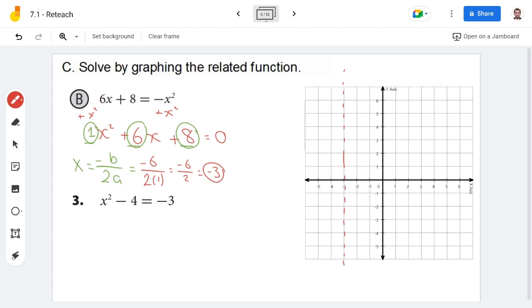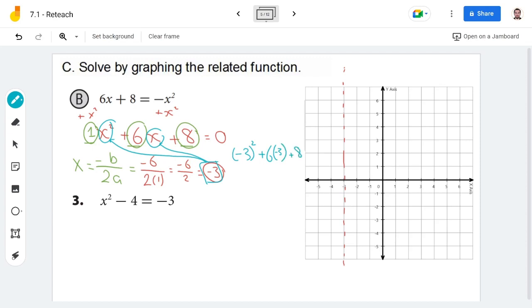So now I need to know at which point on this line, which should be the y-axis. So how can I know? I take the negative 3 and I replace it in each x here. So it will be negative 3 to the power of 2 plus 6 times negative 3 plus 8.